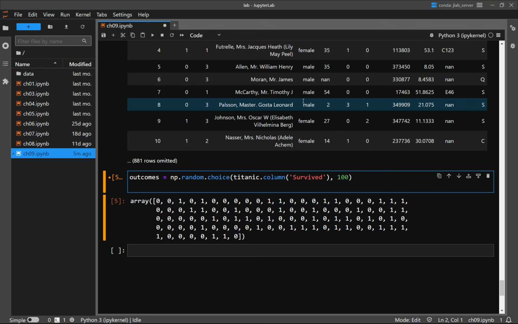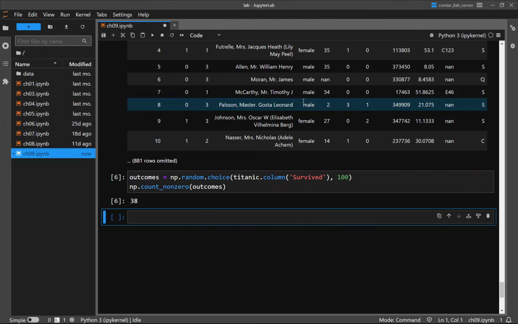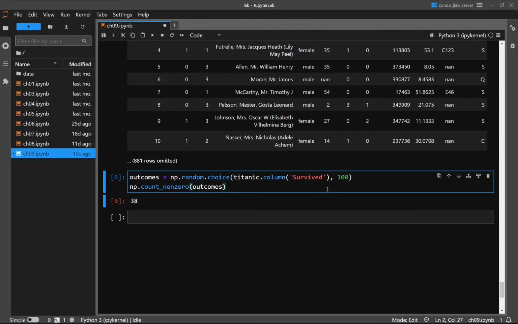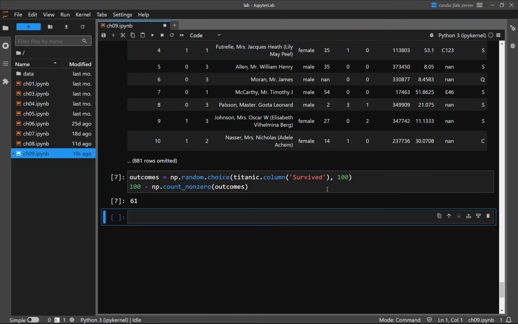And if I were to do this, np.count_nonzero, because they are ones and zeros of outcomes, it would count the ones, and one meant survivors, right? So in my random sample this time, I got 38 survivors, but I want to count the non-survivors. So if I got 100 here, I can do 100 minus that to get the other side of that, right? Count the zeros, pretty much. Does that make sense? That will give me 100 people randomly from the Titanic and give me back how many did not survive. Questions about that?